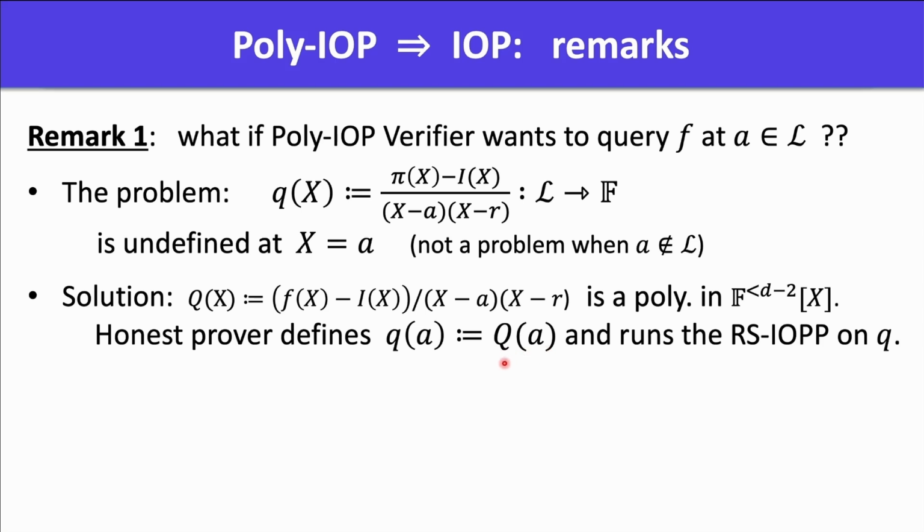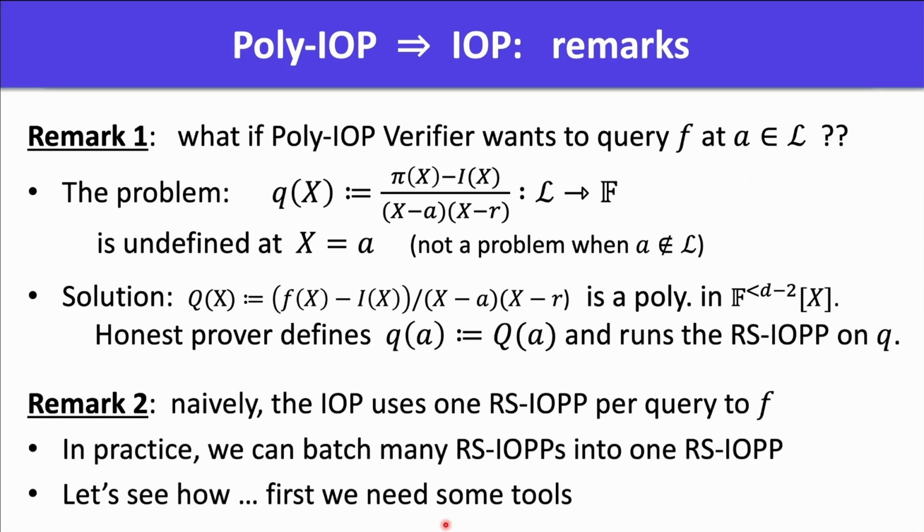And this quotient polynomial is just a polynomial, so we can actually evaluate it at a. From the honest prover's point of view, this little q is really going to be the Reed-Solomon encoding of this quotient polynomial. So this quotienting technique that we just talked about also provides evaluation proofs where a is in the domain L. The second comment I want to make is that, as we described it so far, things are really quite inefficient.